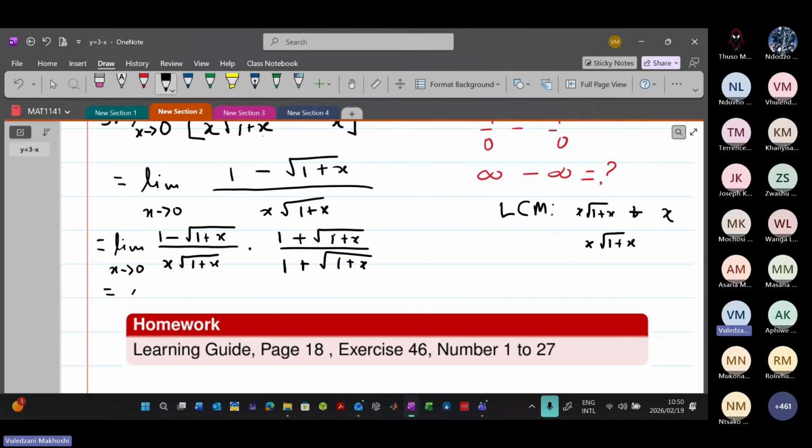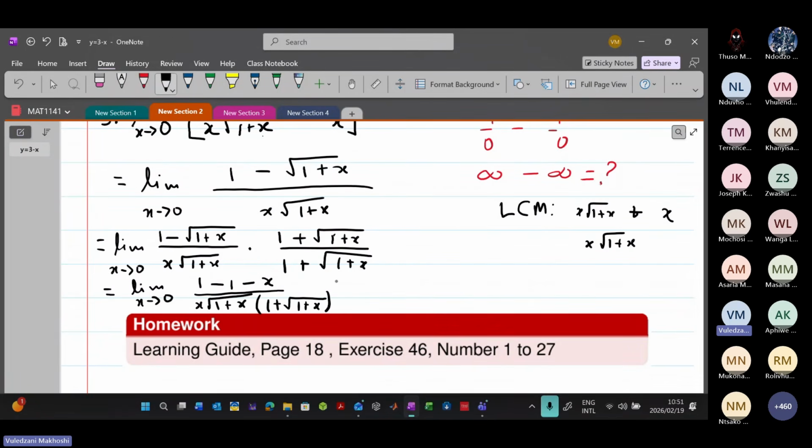This is giving us the limit as x is approaching 0. The top will be 1 minus x when we remove the brackets, and this is over x square root of 1 plus x into 1 plus square root of 1 plus x, like that. 1 minus 1 is 0.